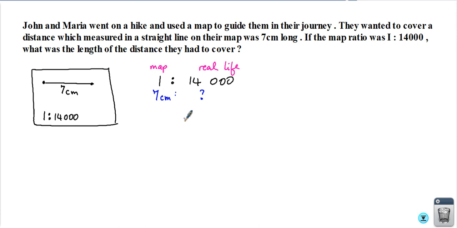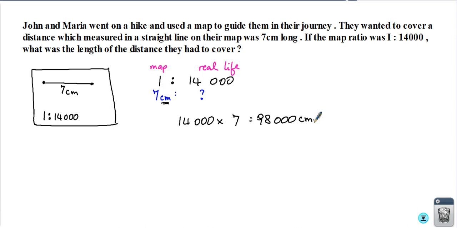So it's 14,000 multiplied by 7. Okay? And 14,000 multiplied by 7 is 98,000. Now, what are those? We have centimeters here, so they are 98,000 centimeters. Now, it depends. If I'm not told anything, I can leave my answer as 98,000 centimeters.